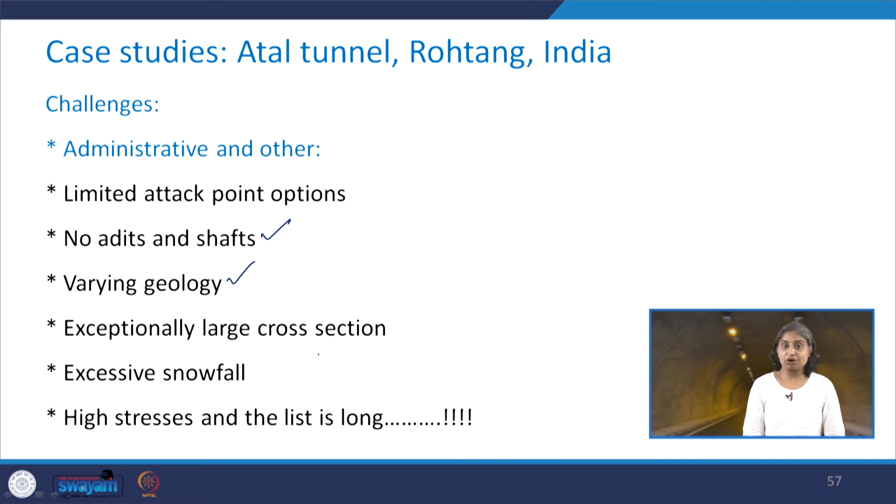Exceptionally large cross section and the excessive snowfall was causing one of the major challenges throughout the construction of this project. And then the high stresses, and the list of these challenges is long.